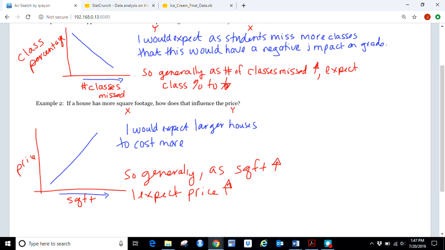There are other things that impact the price of the house. Square footage is just one of those things. So this is my general pattern I expect to be true, not necessarily true for every pair of houses that I would look at. So this now allows me to have an idea of what I should expect before I dive deeper into the problem and get a little bit more algebra-y on y'all.